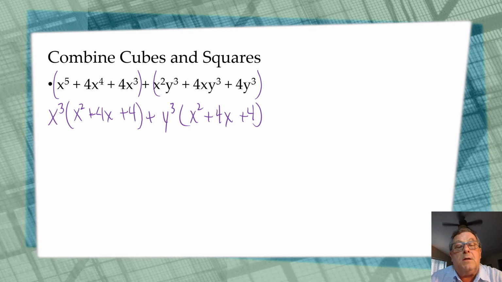You know what that looks like? I'll get to it in a minute. What if we got x cubed then plus y cubed? So I got the sum of a cube. Let's think about x squared plus 4x plus 4.